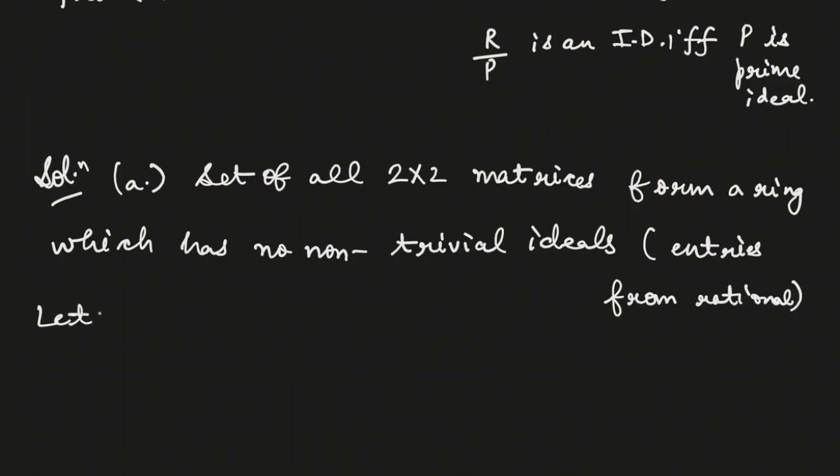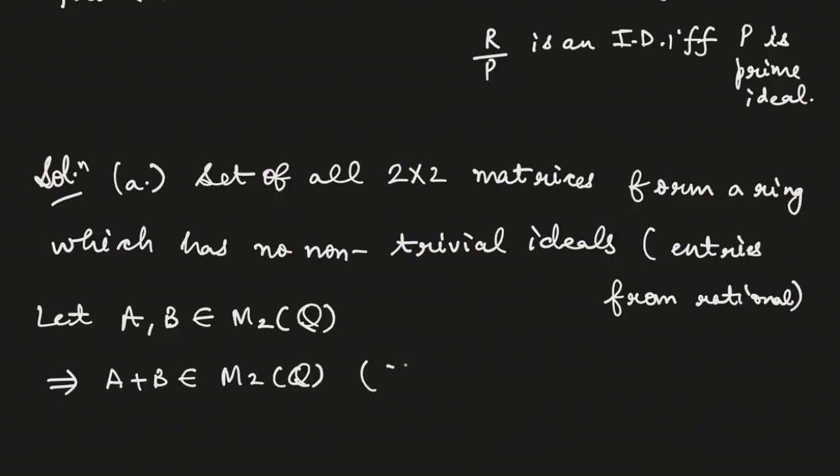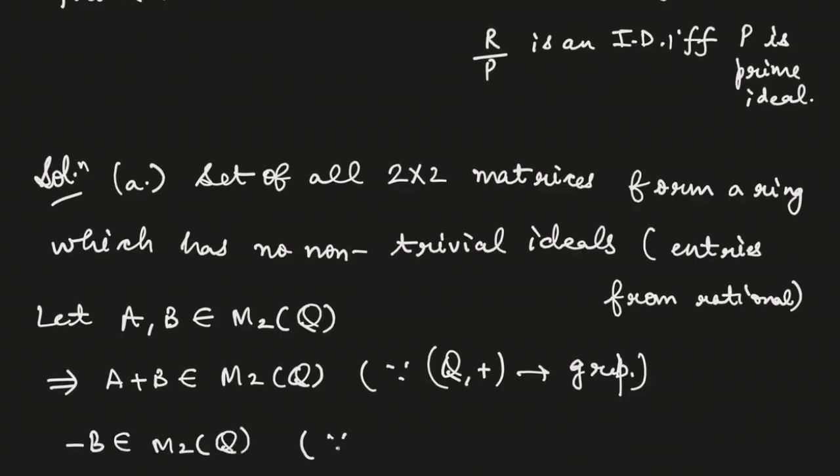If I pick two matrices A and B from M2(Q), then A plus B belongs to M2(Q) because Q with respect to addition forms a group. A minus B also belongs to M2(Q).